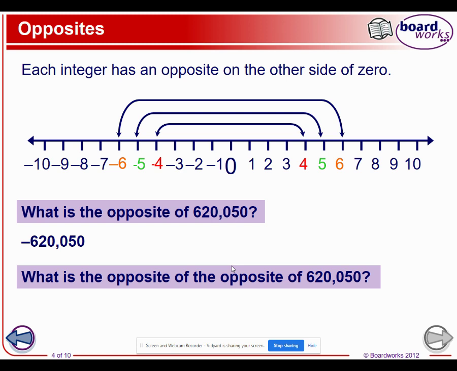The opposite of negative 6 would be 6, right? So the opposite of 620,050 would be negative 620,050. And then the opposite of negative 620,050 would be 620,050. Kind of confusing, I know, but you don't have to worry too much about that.